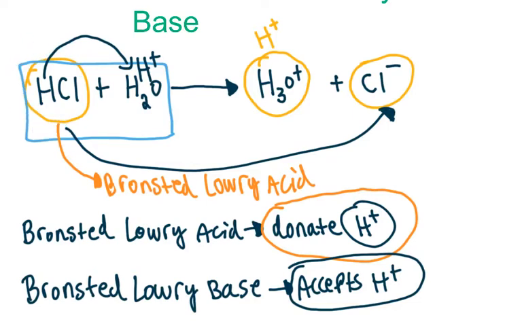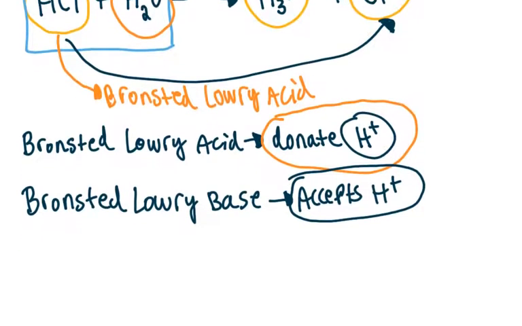So in this case, our H2O is going to be our Bronsted Lowry base. So let's go and draw an arrow down here and say our H2O is our Bronsted Lowry base.